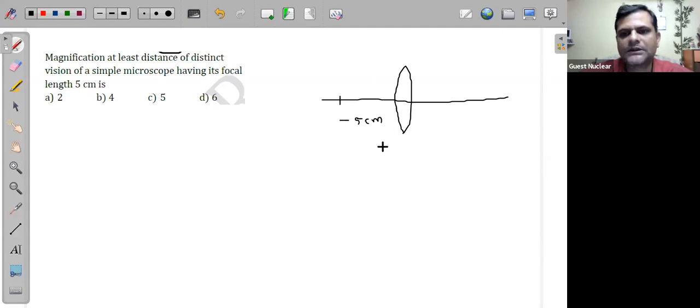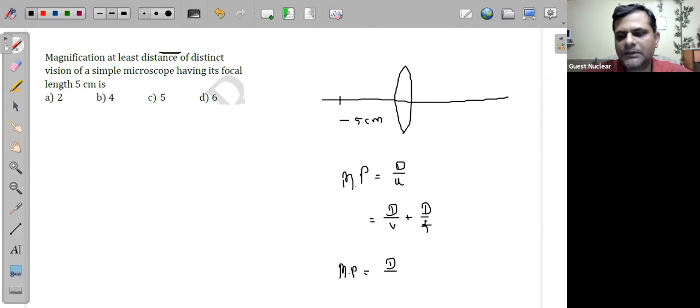और इस केस में ये जो मैग्नीफाइंग पावर है, मैग्नीफाइंग पावर ऑफ सिंपल माइक्रोस्कोप, वो एक्चुअली होता है d अपॉन u, लेकिन जैसे कि यहाँ पे हमको पता है u इज नॉट गिवन हियर, but this can be proved to be equal to d upon v plus d upon f actually, and it can also have two extreme values. We already have proved in the theory that minimum it can be simply d upon f.